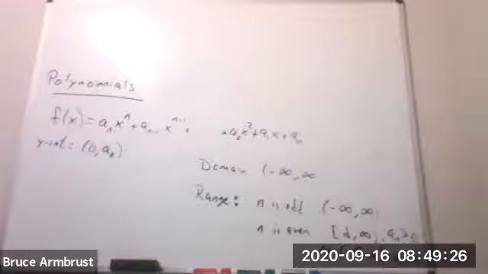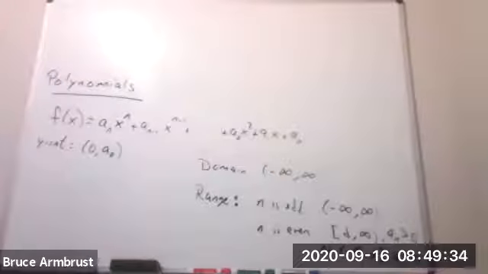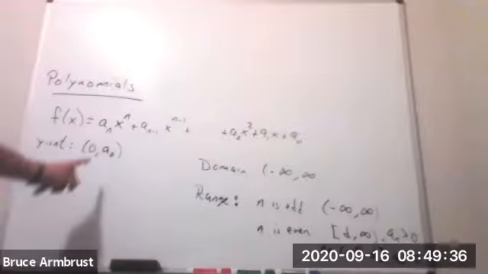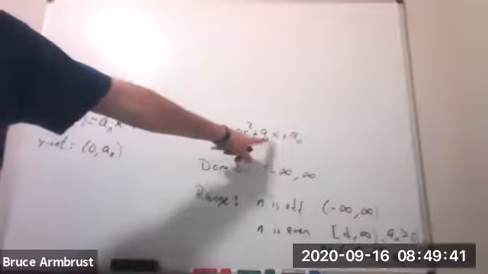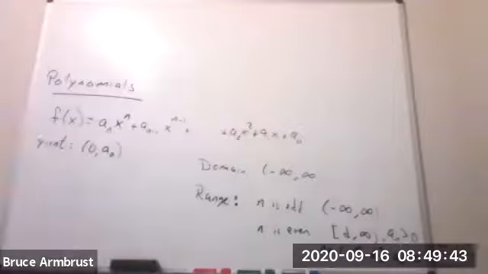How do you find a y-intercept in general? You set x equal to 0. So look at all of these things. If you let x equal 0, all of those terms, except for the last one, are going to go away. And so all we're left with is that last guy. All right, so nice and easy in terms of the y-intercept.